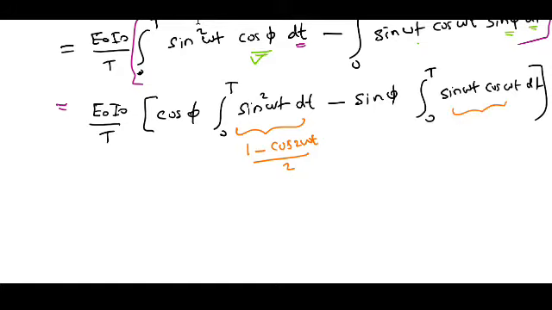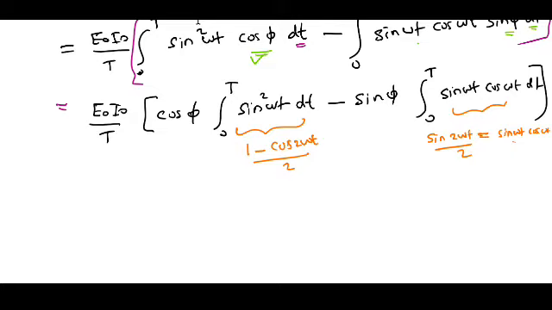And for the other term, we can replace it using sine 2 theta is equal to 2 sine theta cos theta. Therefore sine 2 omega t is equal to 2 sine omega t cos omega t, so we can write sine omega t cos omega t as sine 2 omega t divided by 2.